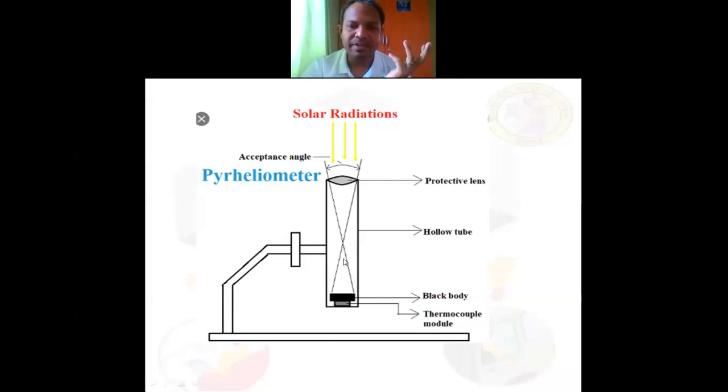The temperature difference between this heat and the black body temperature is measured by the thermocouple, which converts this heat into electrical energy. That indicates what is the amount of solar radiation received on that particular orientation or place. Is it clear?